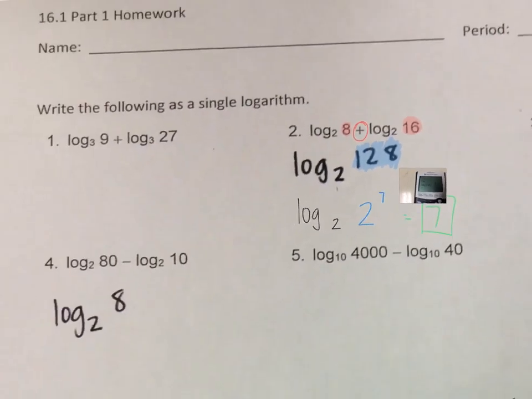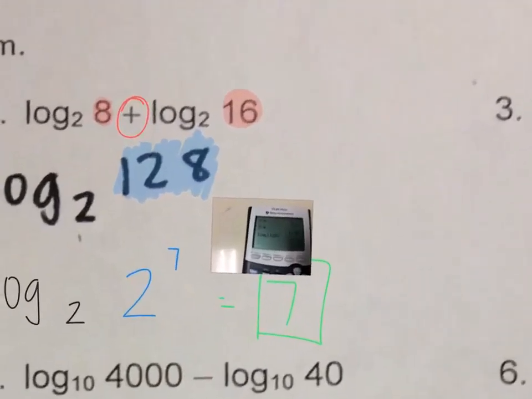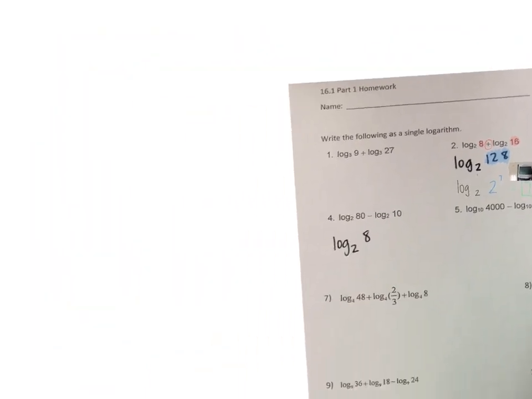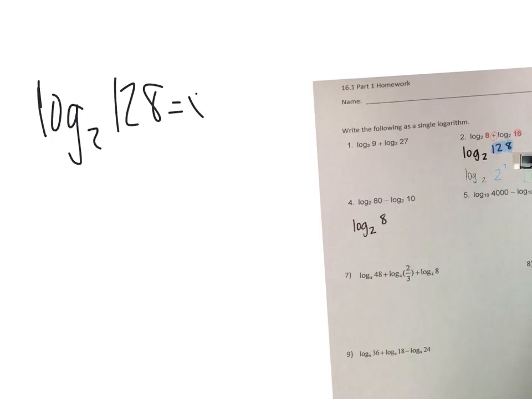Just to review, let's talk about why that works. So we have the log base 2 of 128. Using the rule we learned last week, I want to rewrite that as an exponential problem. So how do I do that?